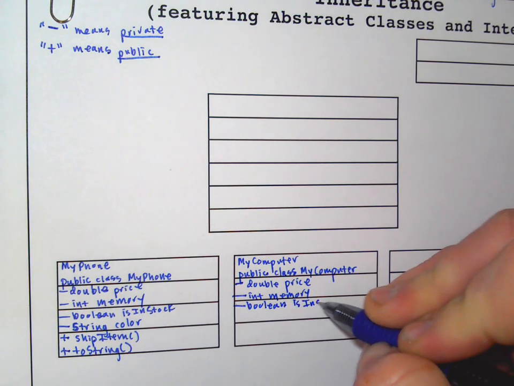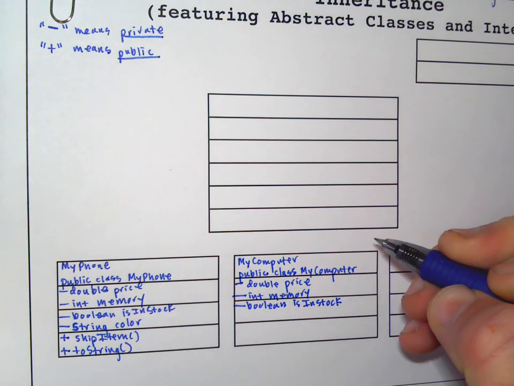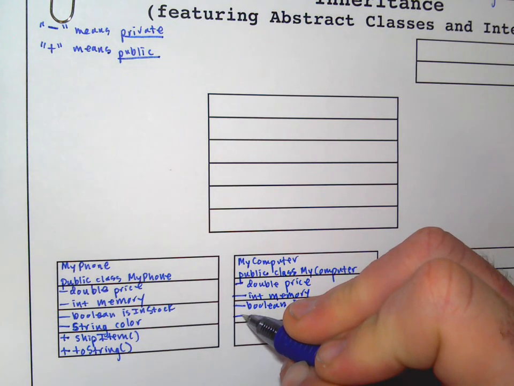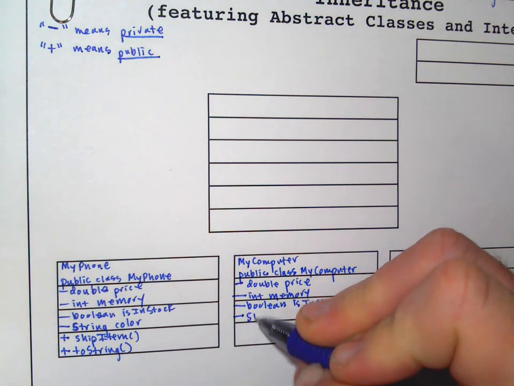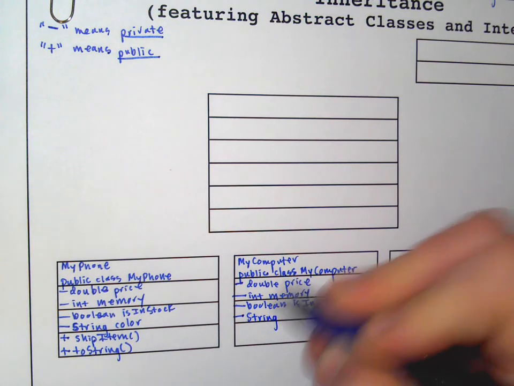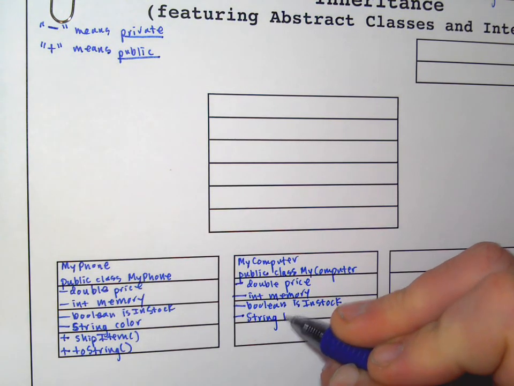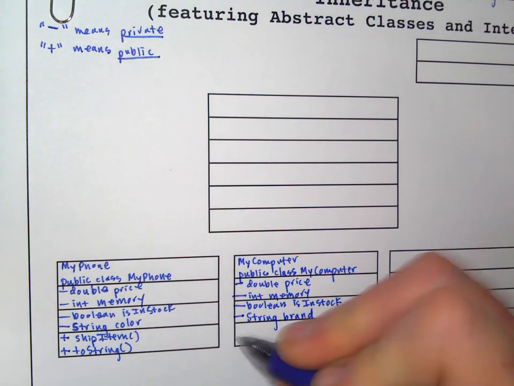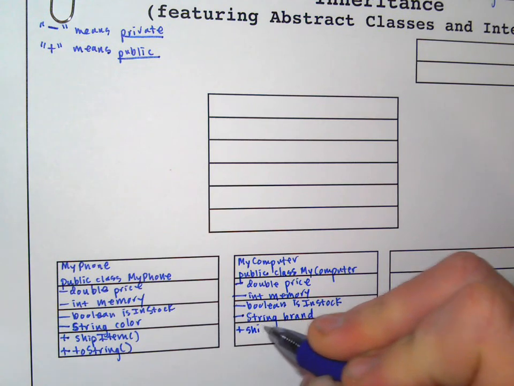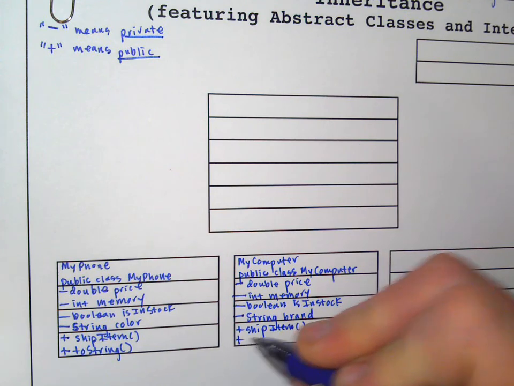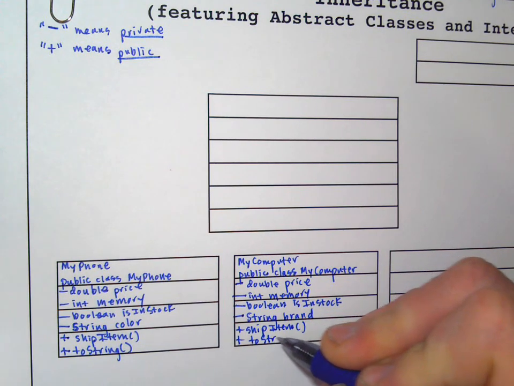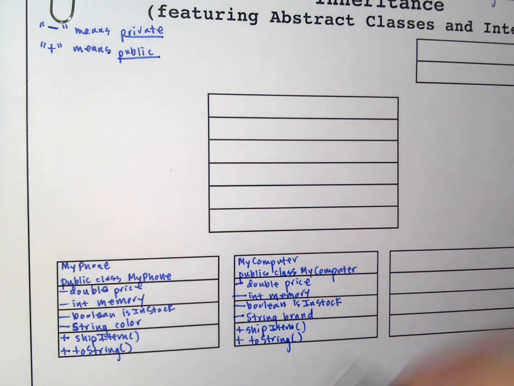So all three of these classes should have all those private instance variables in common, and then at least one other unique private instance variable. You can even make it different yourself. I'm going to put brand or something. And then they all have a public shipItem method that's identical for them, and a toString that is unique because it depends on the private instance variables.